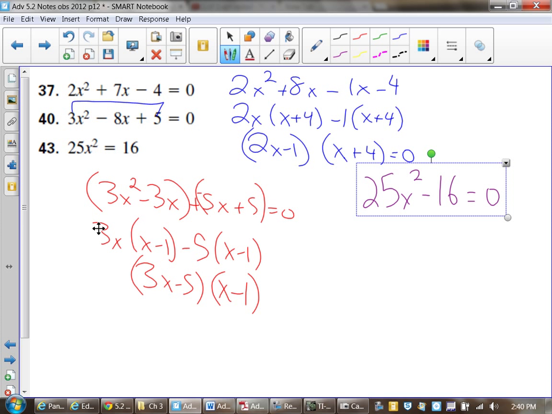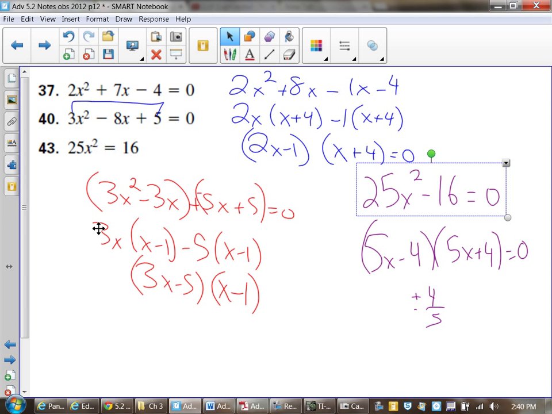What's the square root of 16? 4. I like my way better. I still don't get it. Your zeros are plus or minus 4/5. I like my way better than that answer. Oh, I heard them individually. I forgot that these two plus are. Yeah, that's fine. You can do it like that.